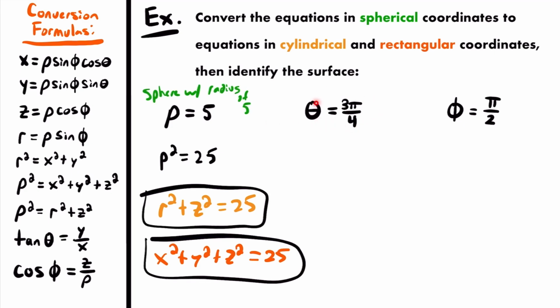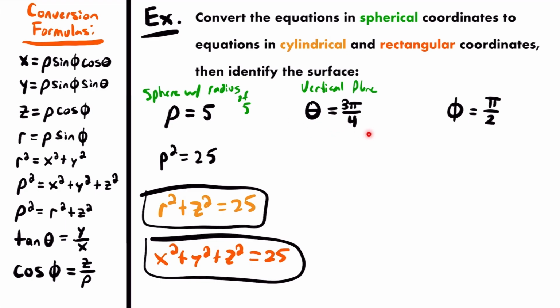Now let's move on to this equation. Theta equals 3 pi divided by 4. That's just going to be a vertical plane that cuts through that angle of 3 pi divided by 4. Whenever you see theta equal to an angle, that is a vertical plane. That's just something you have to learn. But to convert it to cylindrical and rectangular, what we want to do is introduce tangent, because we know tangent theta equals y divided by x.